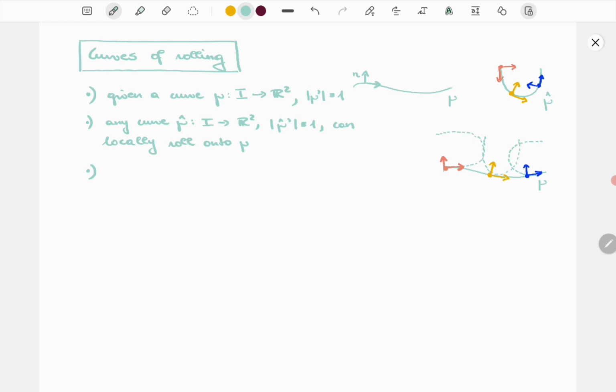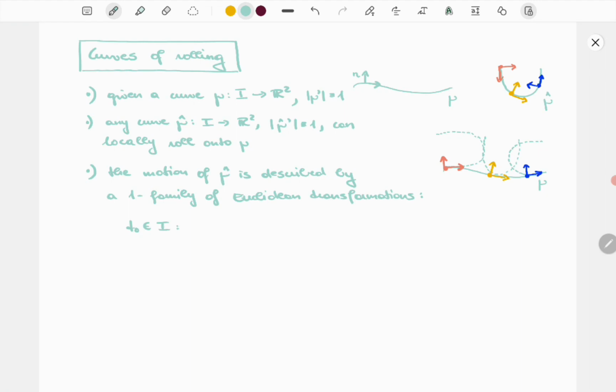And this is given by the following data. Motion of gamma hat at any point t0.